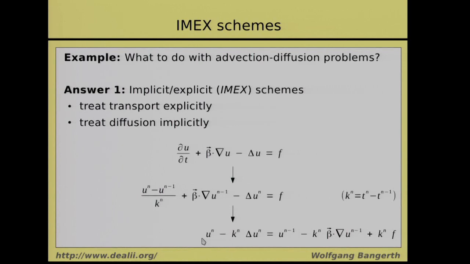So I'm going to get something like mass matrix plus k_n times the Laplace matrix. And that turns out to be a really nice matrix to invert because the Laplace matrix has a condition number that grows like h to the minus 2. You remember that from the discussion when we looked at the eigenvalues. So the condition number of the Laplace matrix grows like h to the minus 2.